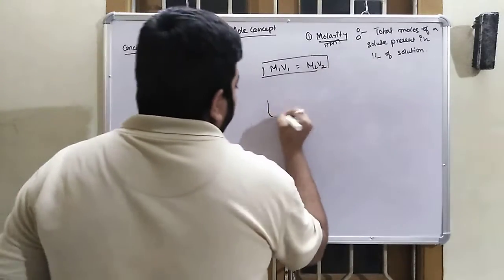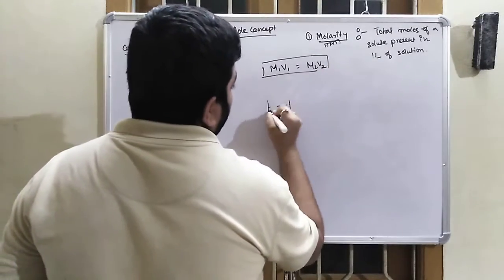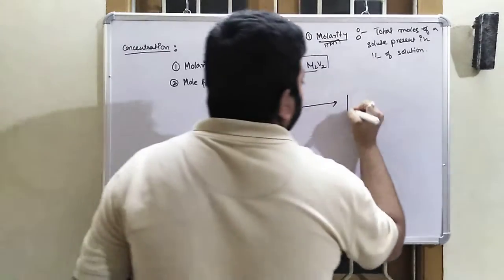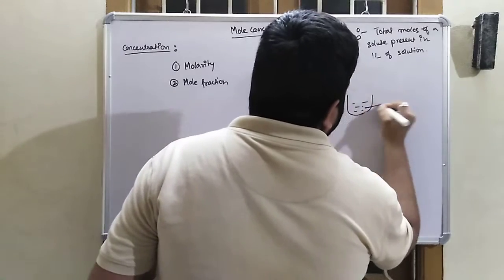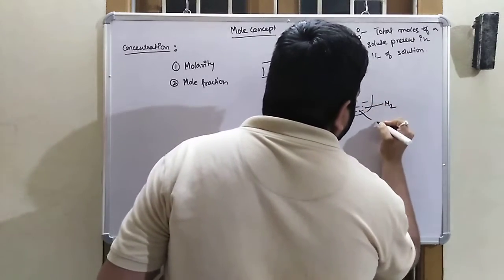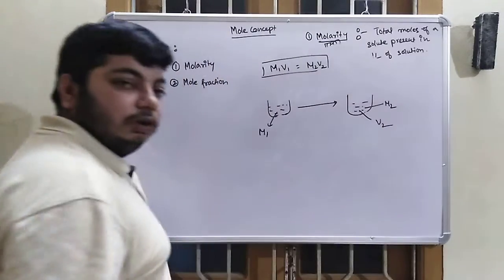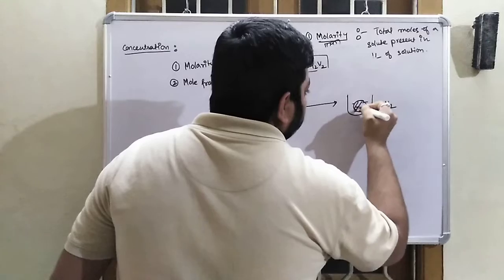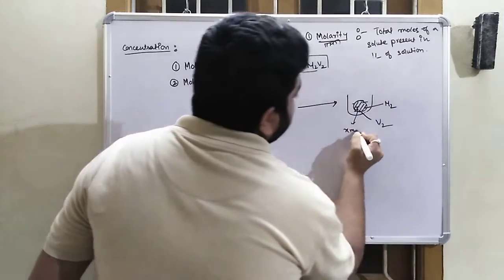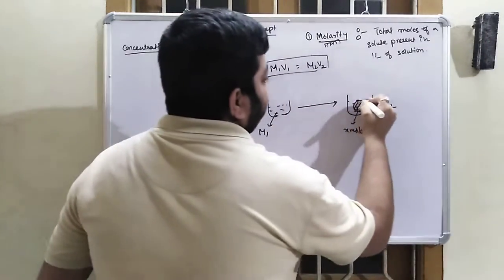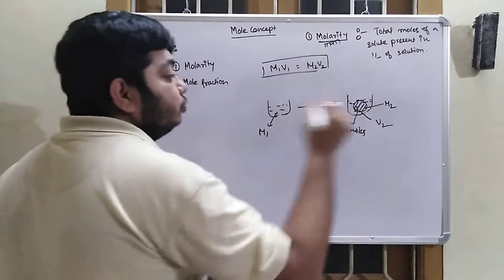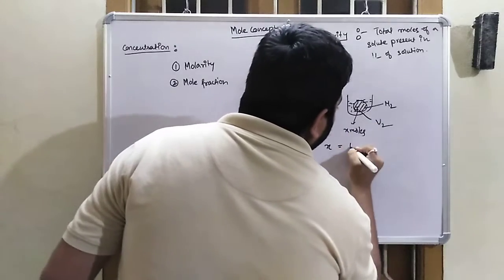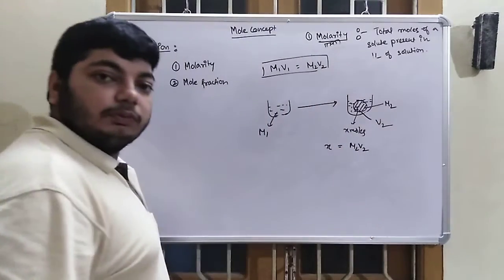You see, if we have a solution of molarity M1 and we need to make another solution of molarity M2 and volume V2, then what will we do? We need some X moles of solute for preparing the solution. So what will be that X mole? It will be equal to M2 into V2.